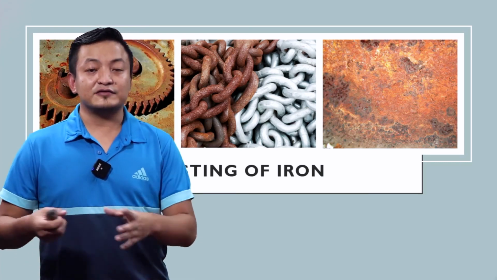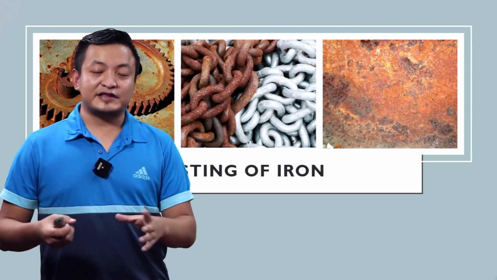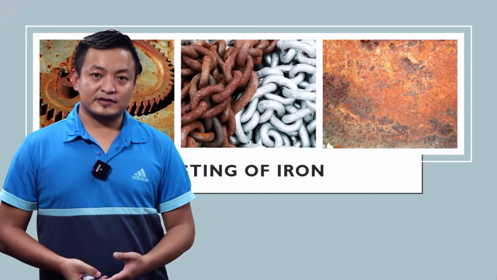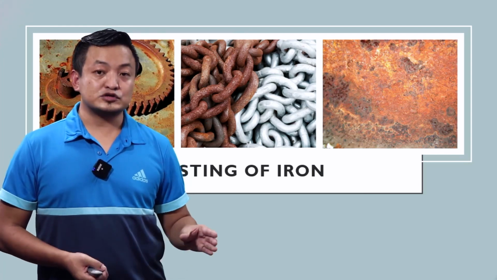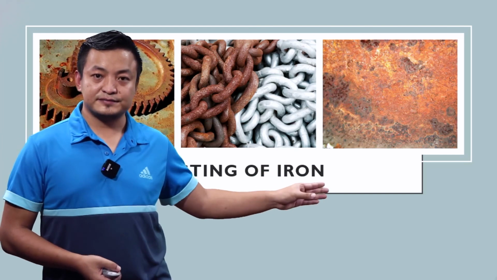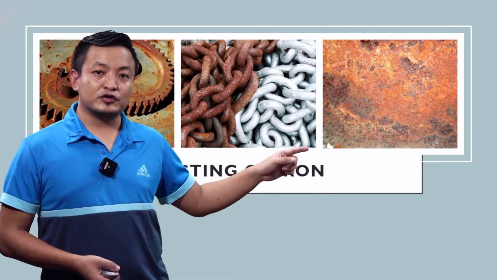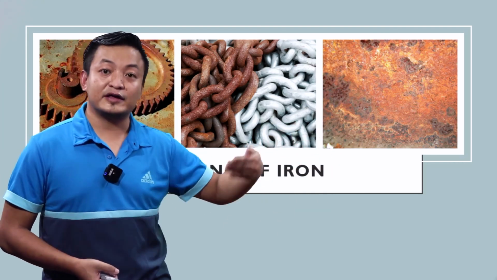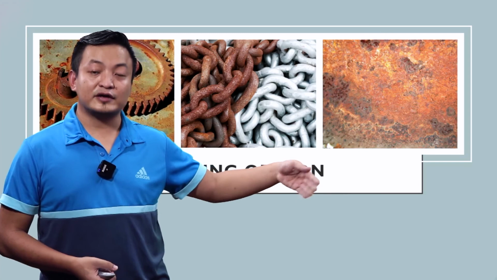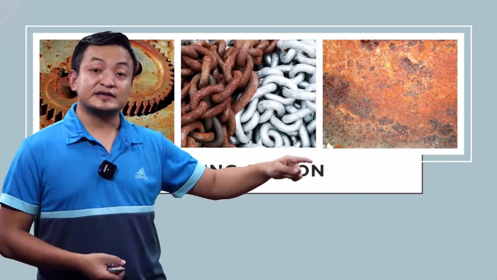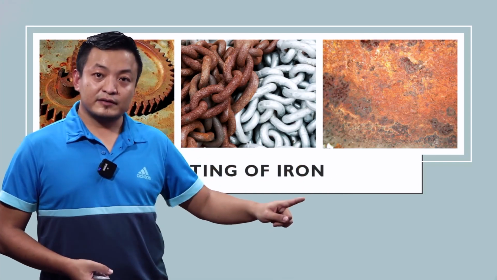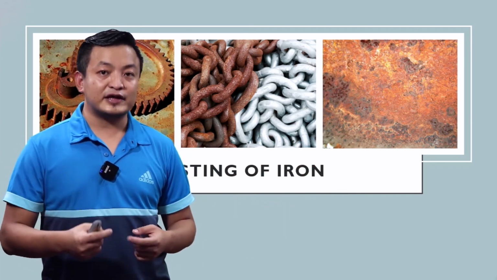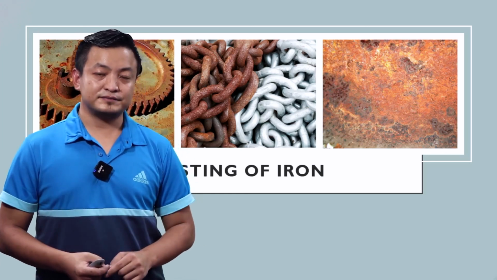The metal gets rusted, corrosion takes place, and overall this process is called rusting. So this is also an example of a chemical change, because we do not get the original substance back. We are getting a new substance, and this is irreversible. Once it has changed, we do not get the original metal back.